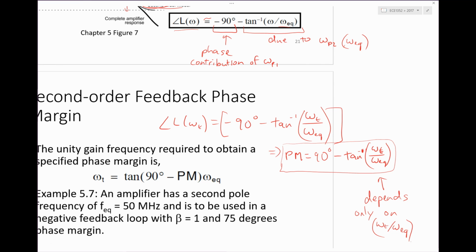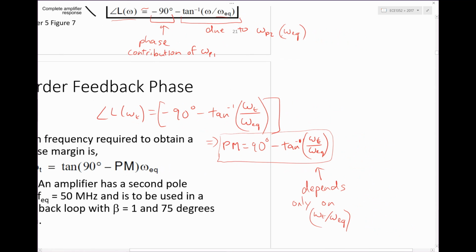If omega t equals omega EQ, if the unity gain frequency is right at the second pole, that should be obvious. That means the first pole is contributing minus 90, the second pole is contributing minus 45. So then you'd have 45 degrees phase margin. For the reason we mentioned before, and also for some other reasons, usually that's not enough. Usually you want more than 45 degrees phase margin.